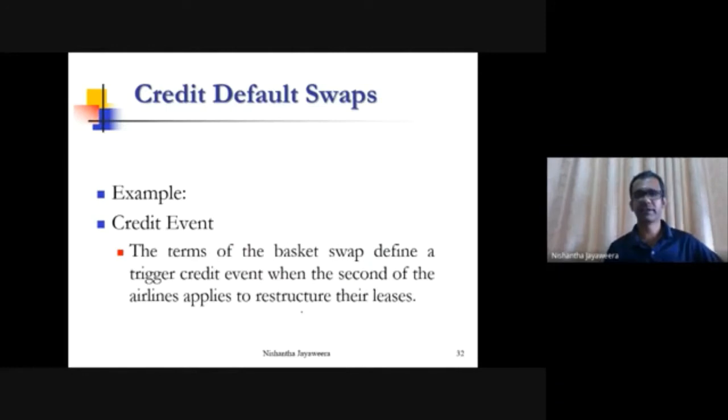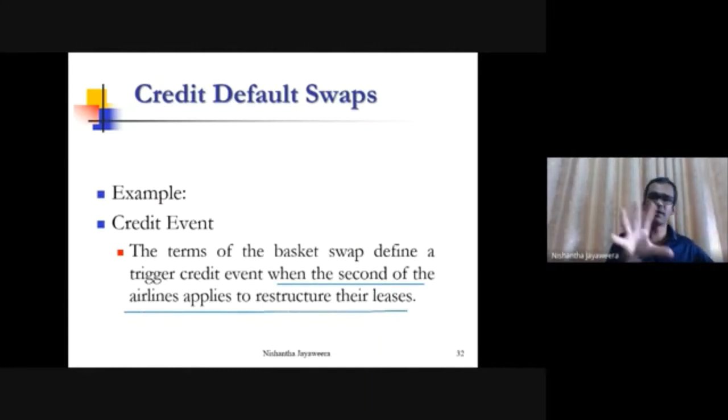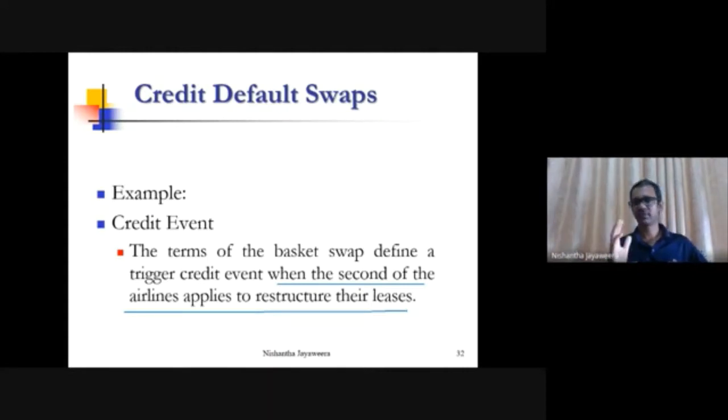So what is the credit event defined? It triggers a credit event when the second of the airlines applies to restructure their leases. So now there are five airlines. For whatever reason, the first airline applies to restructure their lease. Okay, fine. The bank will restructure that lease and it is not considered a credit event, no compensation from the CDS seller.